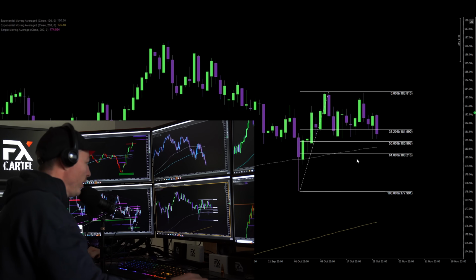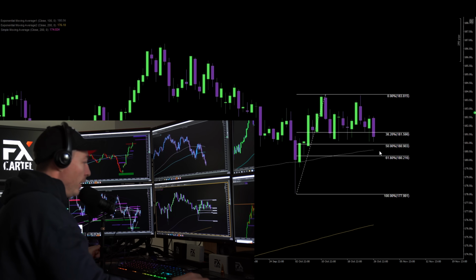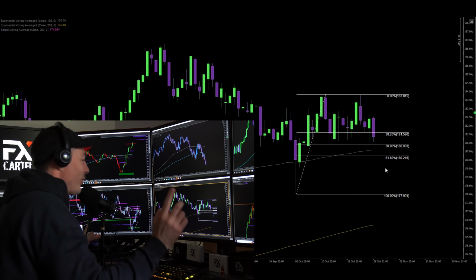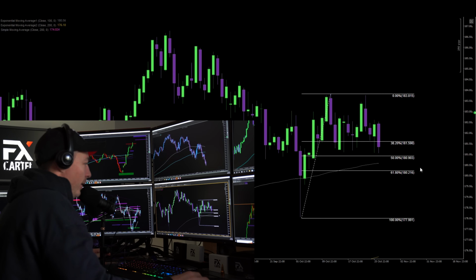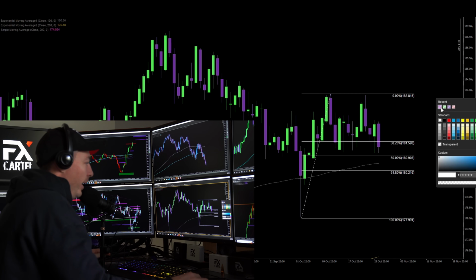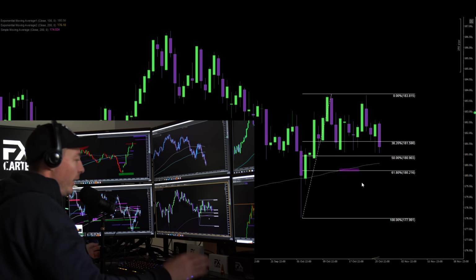So we've used the 38.50, this fib for now as the 61 as a potential area.